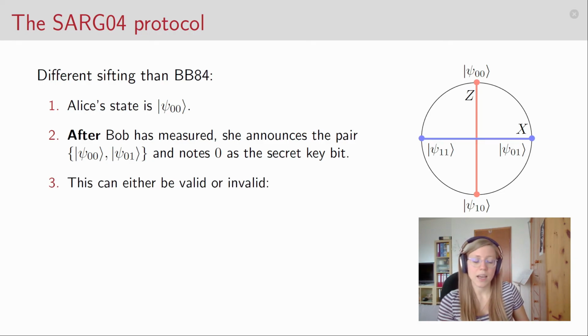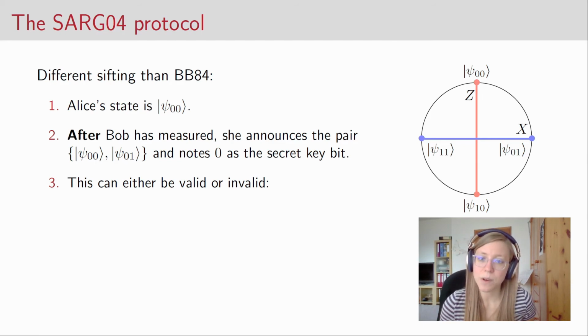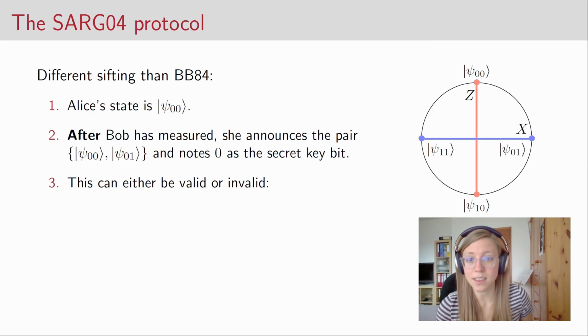So Bob now has to look at his measurement result and decide whether the bit is valid or invalid. It is valid if Bob can actually distinguish between the 2 candidate states. So if, from his measurement result, he can conclude which of the states was the one Alice has sent, because then he knows the secret key bit.